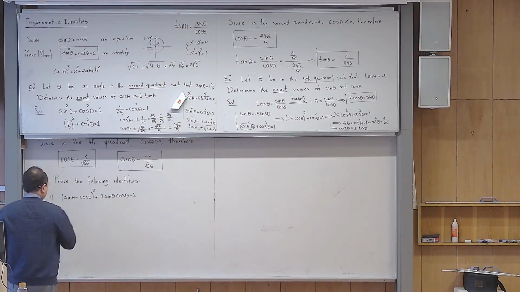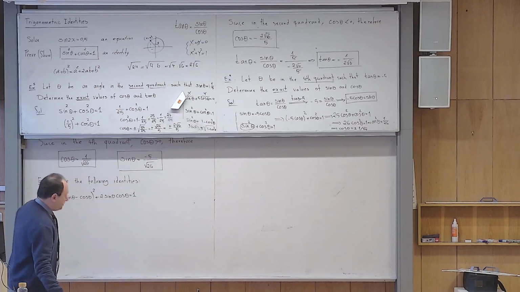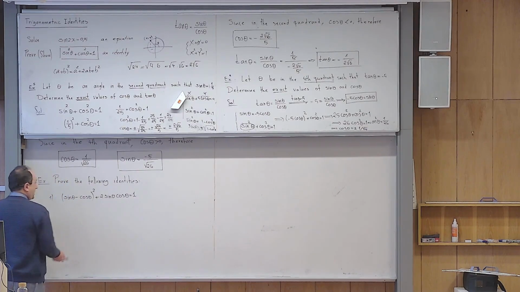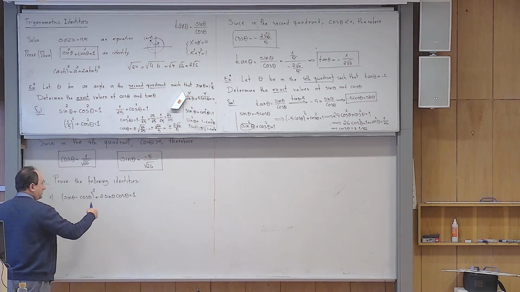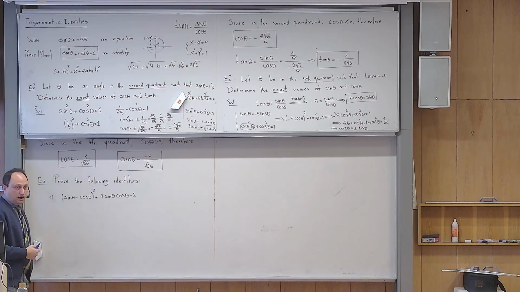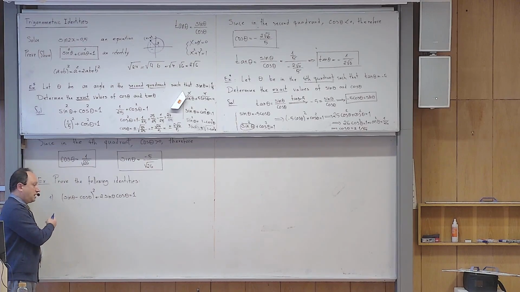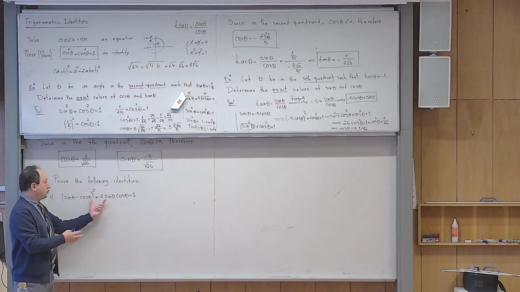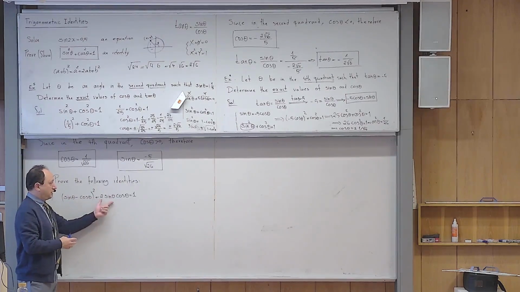Okay, so what should I do? The way that we usually prove identities is like algebraic identities. I prefer to start from one side and do calculations and little by little reach the other side. As a rule of thumb, it is always better to start with the side which is more complicated, because you want to simplify it.